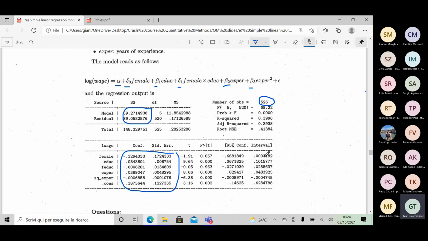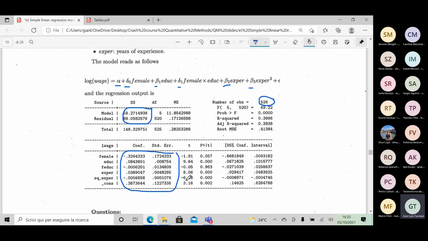Last one, for example, which is FEDUC. Its coefficient is called beta 1. So here is a confidence interval for beta 1, and this value has been obtained by doing beta 1 hat minus 1.96 times what? The standard error. The upper extreme is beta 1 hat, which is this number, plus 1.96 times the standard error, etc. You see that everything is very easily linked to what we studied in this lecture about beta 0 hat and beta 1 hat, but also to what we studied previously about the computation of the p-value.